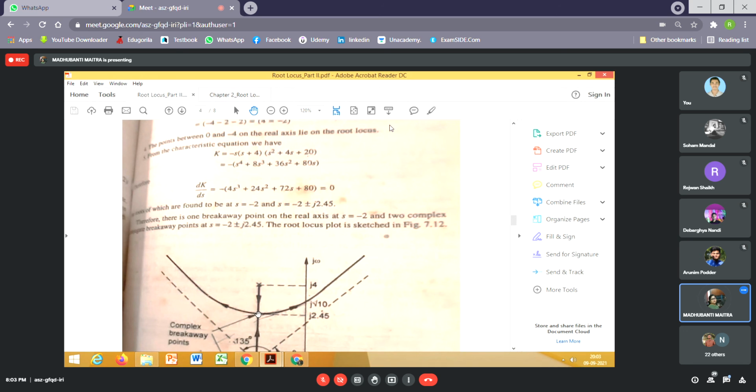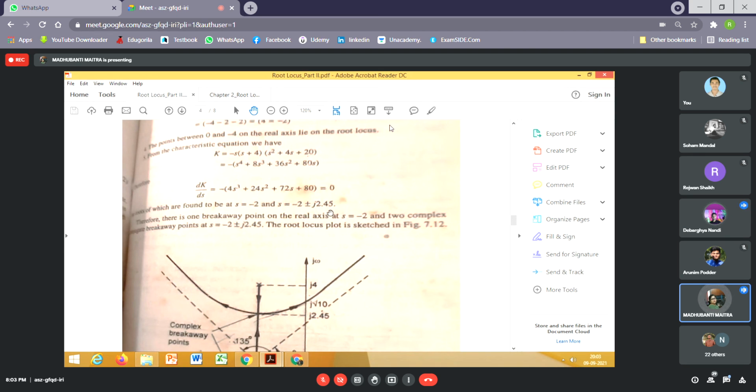That is mandatory. You get my point? Just intuitively, we can't sketch this root locus. First of all, we'll have to establish that the point minus 2 plus j 1.45 is an on-locus point. Then only it will be the breakaway point.